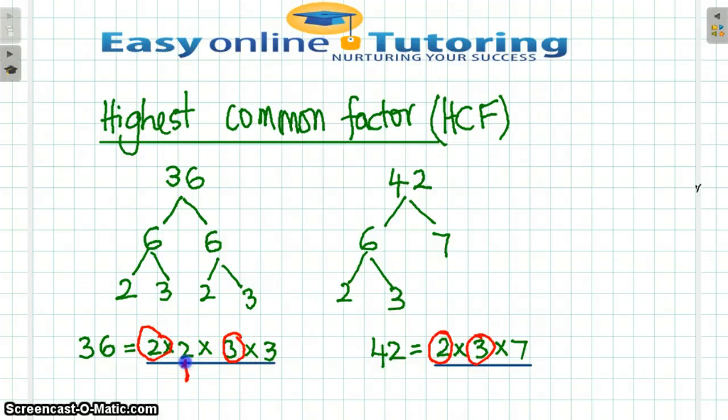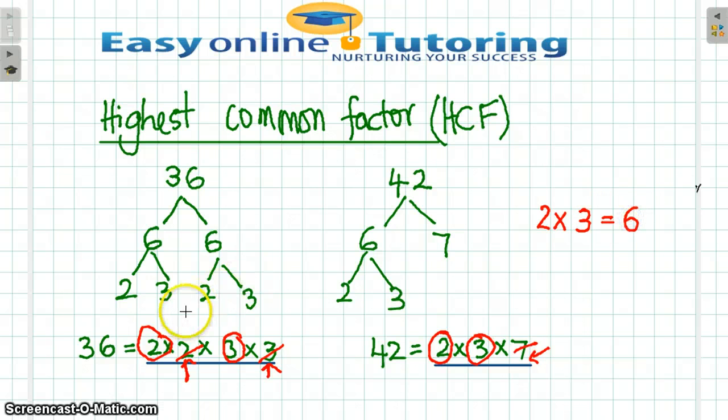There's another 2 here and another 2 here in the number 36, but these are not matched with the number 7, so we don't count those, we cross them off. So what we're left with is 2 times 3, which is equal to 6.